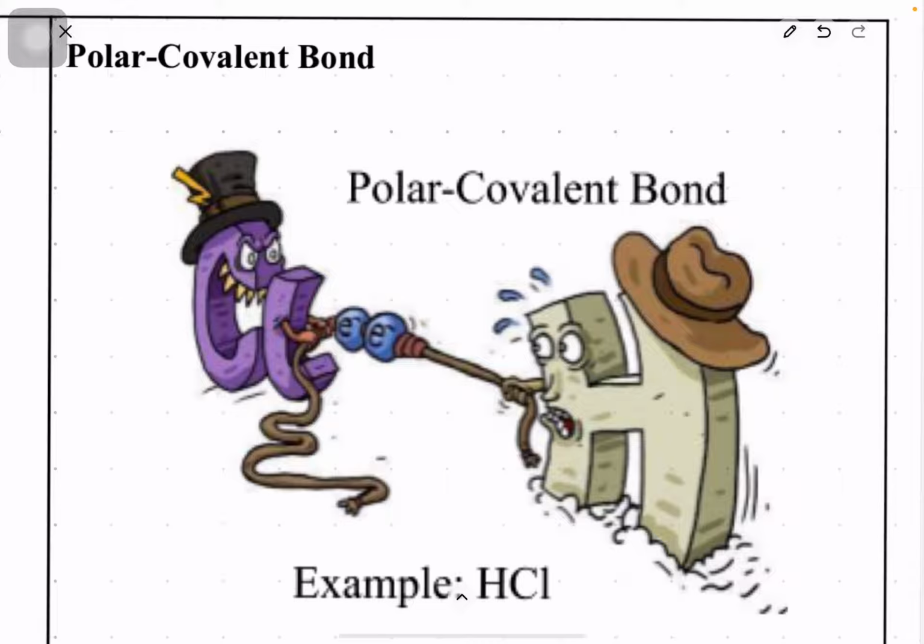When we go over to the right-hand side of the table, the elements start getting more electronegative, and more electronegative means they are pulling harder on the electrons. If you take a look at this picture, hydrogen looks kind of stressed out, chlorine looks like an evil, crazy person, and we can see that the electrons are no longer in between being shared equally, they're over here. Chlorine is pulling on the electrons harder.